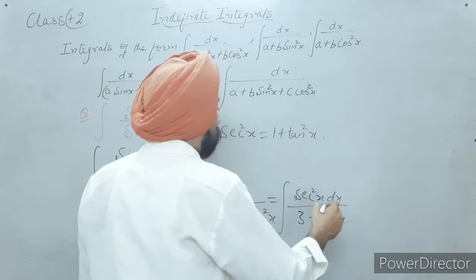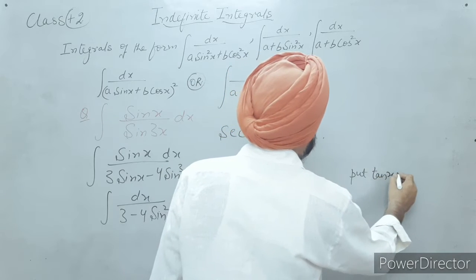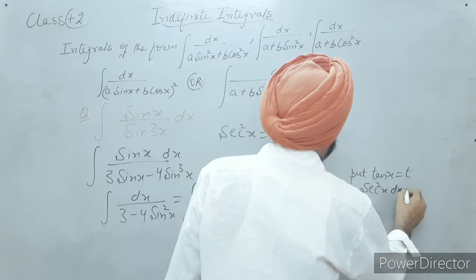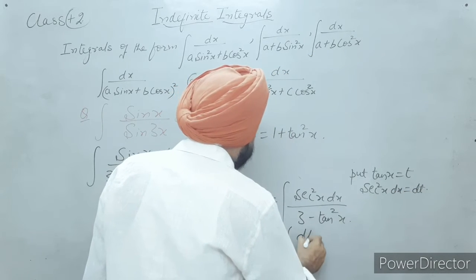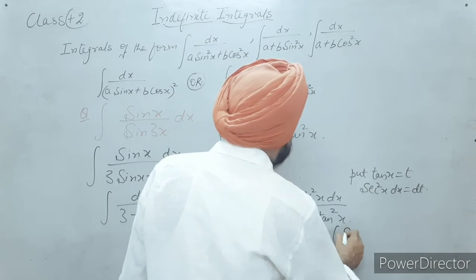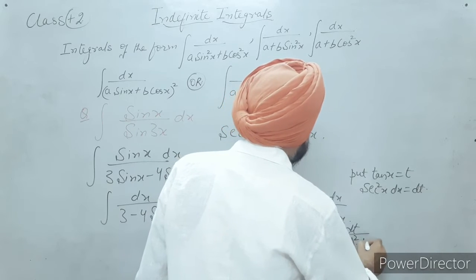Now put tan x equals t. So sec square x dx is dt. The question reduces to dt upon 3 minus t square. I can write it as dt upon root 3 square minus t square.